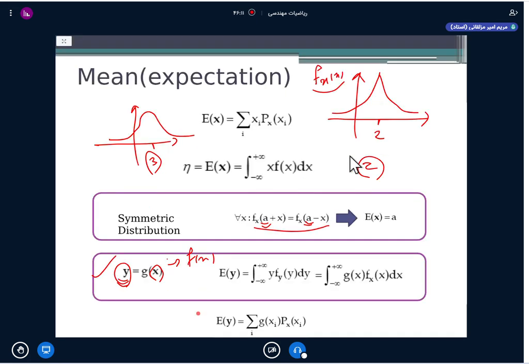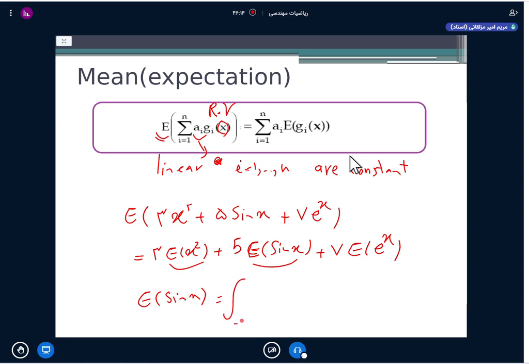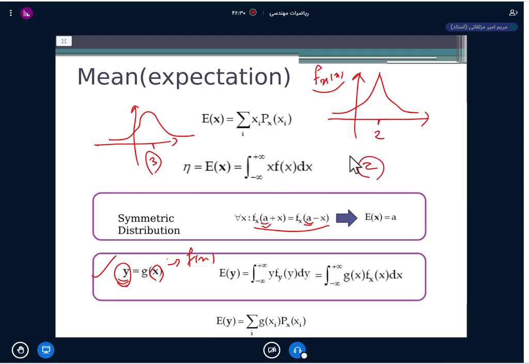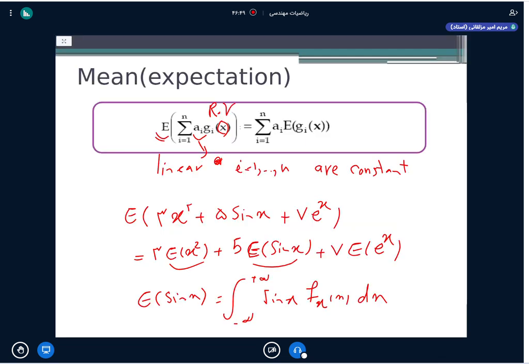We know from this property that the expectation of sine x is equal to this. Any question? Okay, so the expectation of a random variable, or the mean of a random variable, that we denote with this symbol, is equal to this summation for a discrete random variable and it's equal to this integral for a continuous random variable.